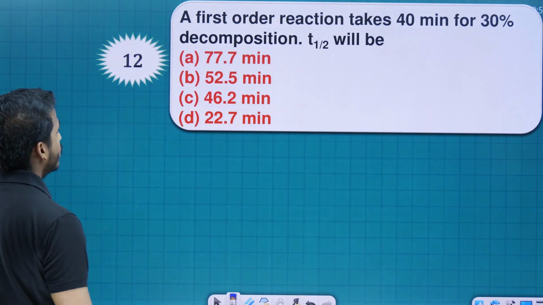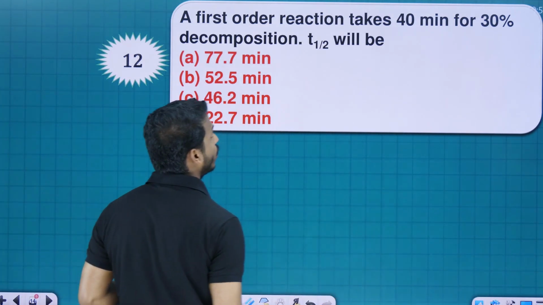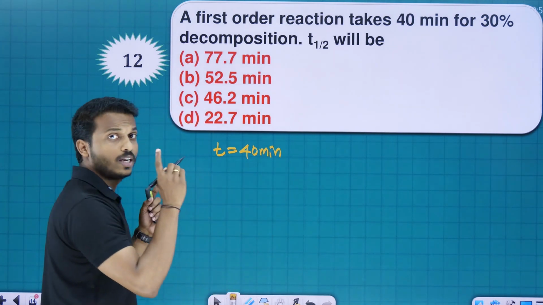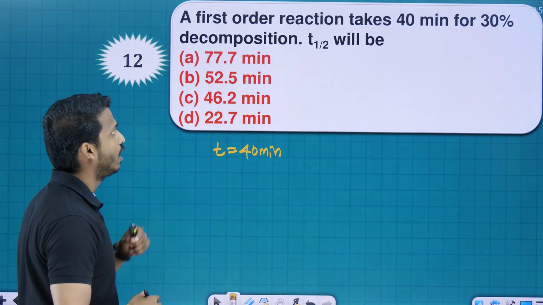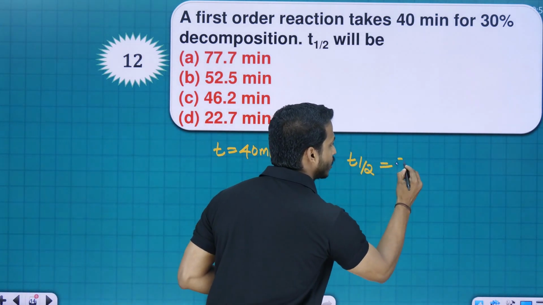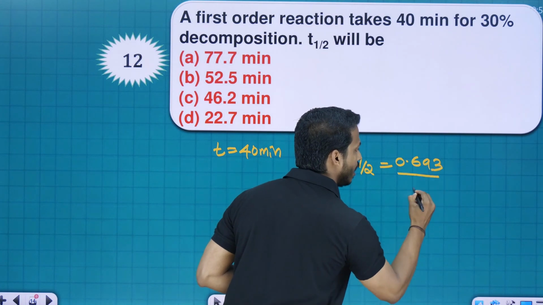Question number 12. A first order reaction takes 40 minutes for 30% decomposition. Find its half-life. You know, half-life of a first order reaction is 0.693 by k.